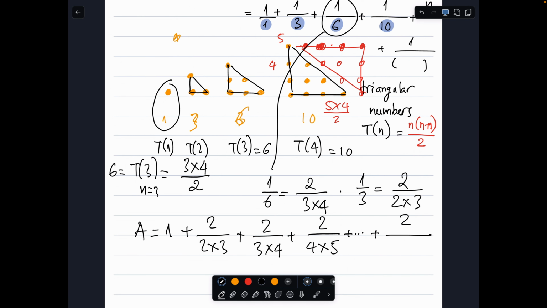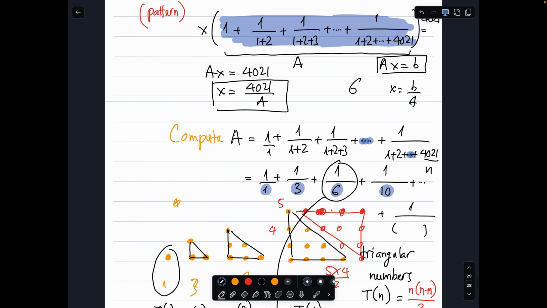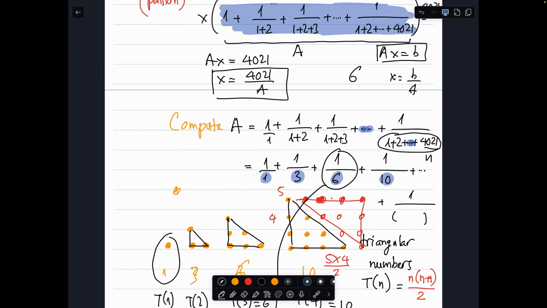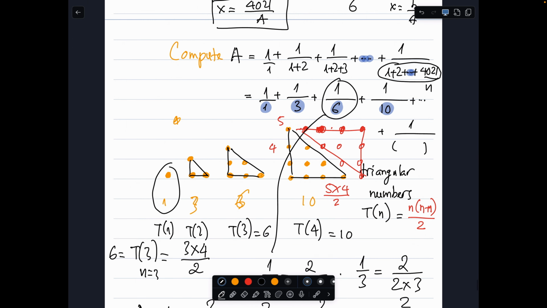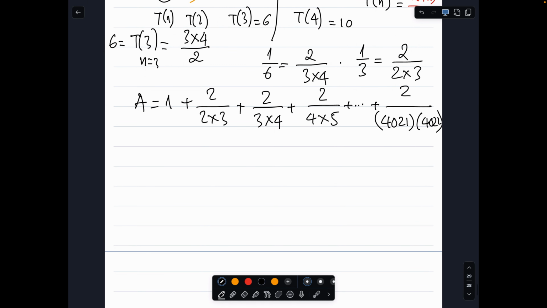Okay, so it's this number times this number plus 1. Yeah, this is the triangular number 4021. This is 1, 2, 3, 4 up to that. That's it.